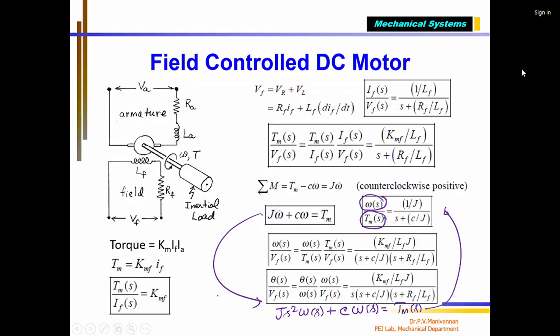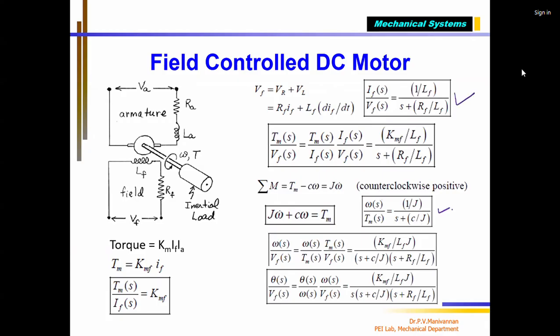Now, these two can be combined because we know that the electrical system is there, mechanical system is there. Here omega S is the output. Here VF is the input. So I can combine both transfer functions. Which transfer functions? This plus this. If I combine, I get the final motor transfer function.